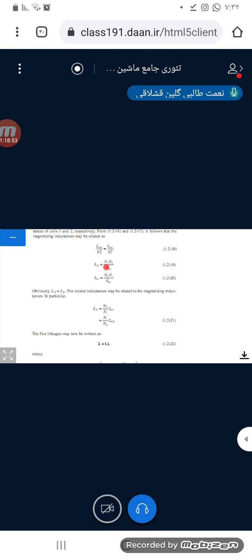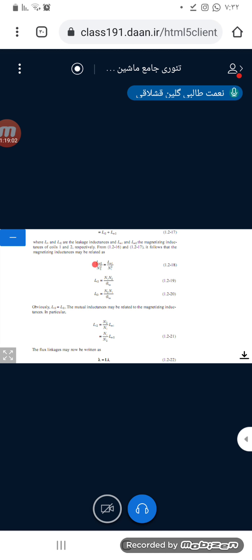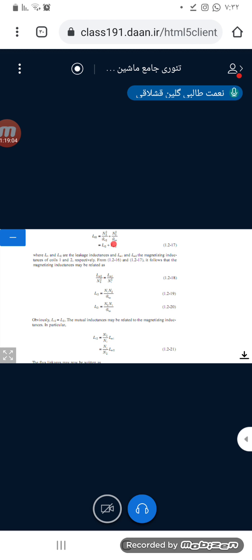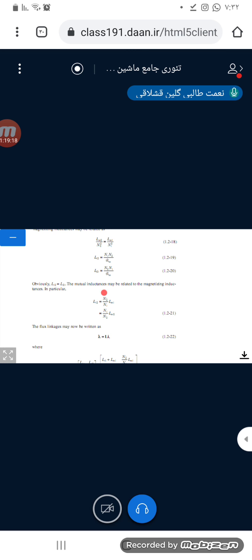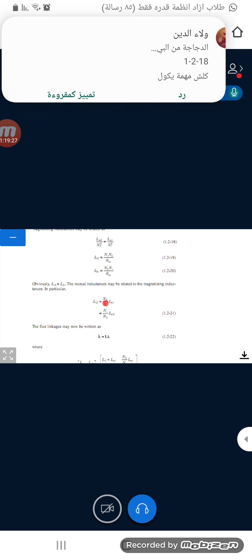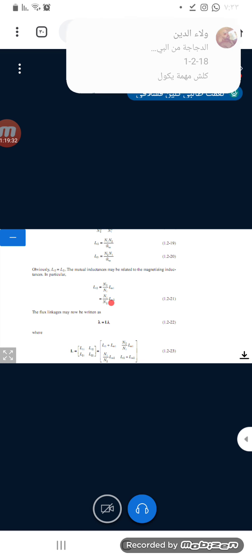This shows this one: N1 N2 over R, N2 N1 over R is one. So if we find R from this equation and put it here, we can see that the leakage reluctance, the leakage inductance, and the mutual inductances between circuit 1 and 2 can be shown with LM1 and LM2.